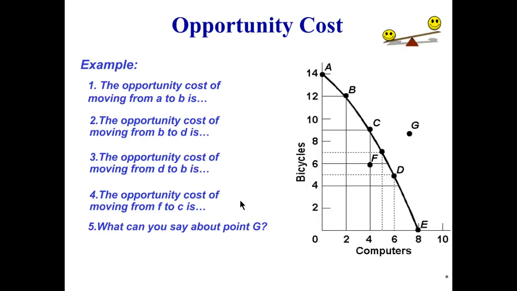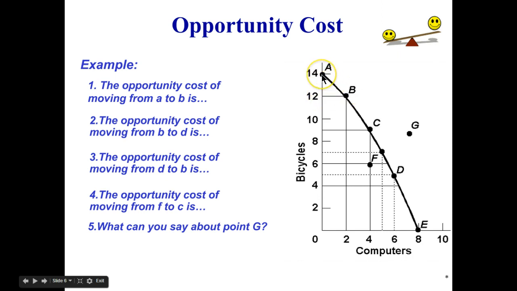Number 1, it says here, the opportunity cost of moving from A to B. Now remember, we want to know, what do you give up? So you were at 14 bikes, but you were at 0 computers. And if you move from A to B, that means you're going to give up something in order to get something.